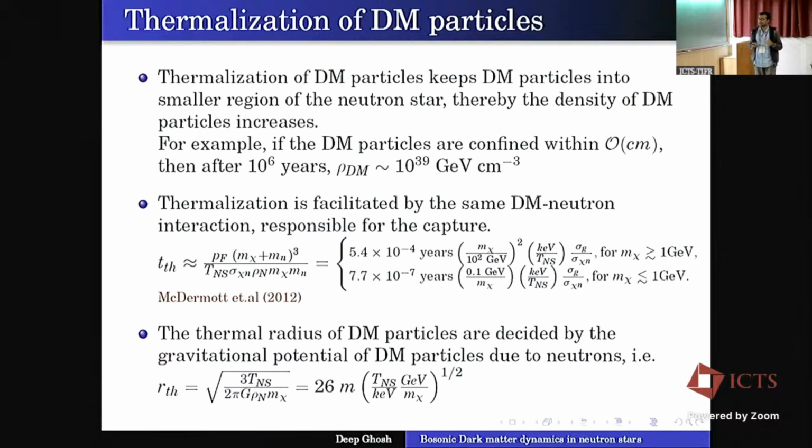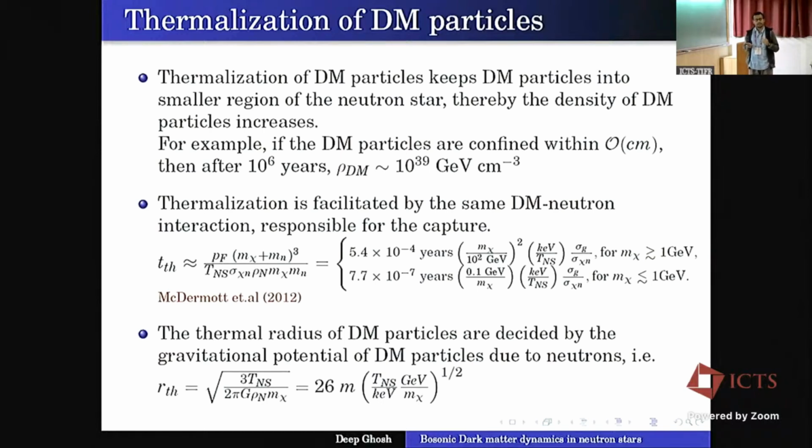You can see there is a dependence on dark matter mass for this thermalization time. This is because if the dark matter mass is less than the neutron mass, then not all the neutrons can participate in the scattering process, because neutrons are degenerate. Now, if it is thermalized, then we can relate the dark matter kinetic energy to its potential energy.